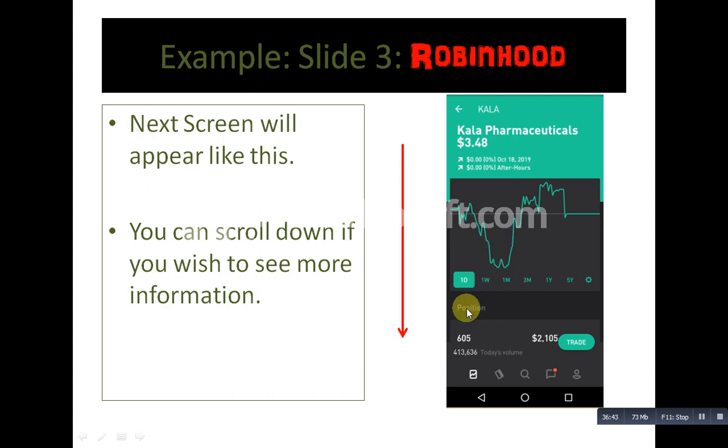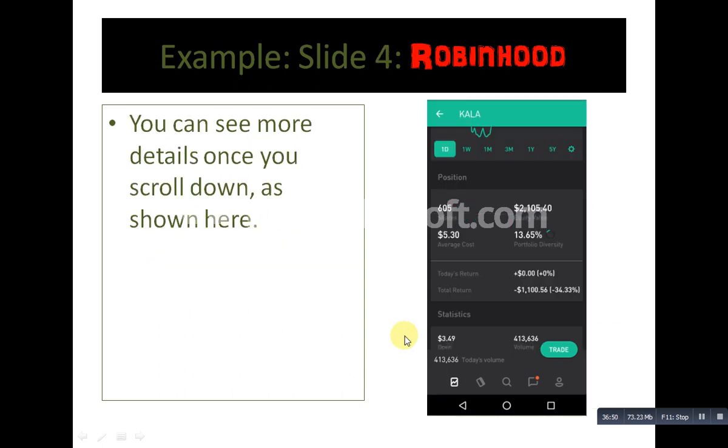I can also scroll down on this screen, and as you can see, it shows certain more details. I have 605 quantity of shares, and my buying price.